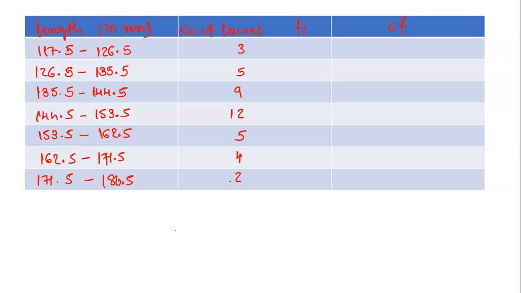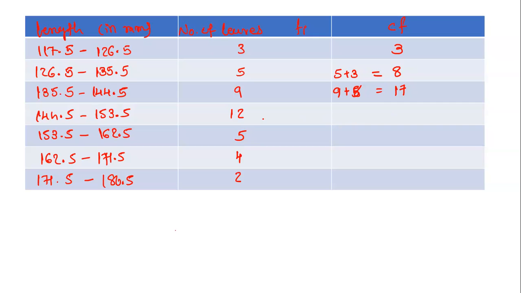And now for cumulative. Okay, as you all know, 3 as it is, and then we have to add the next frequency to the present frequency. So 5 plus 3 is 8. Okay, directly I'm going to write it; if you want, you can mention how this comes. 5 plus 3 is equal to 8. Then 9 plus 8 is equal to 17, like that.